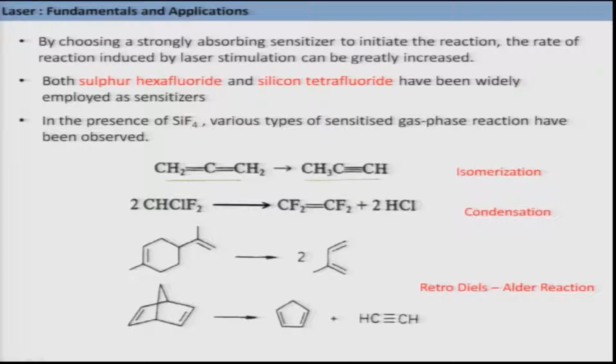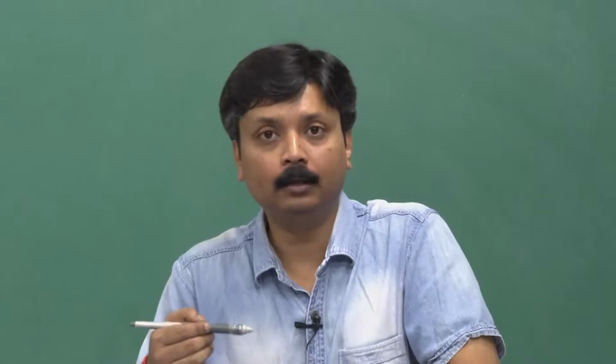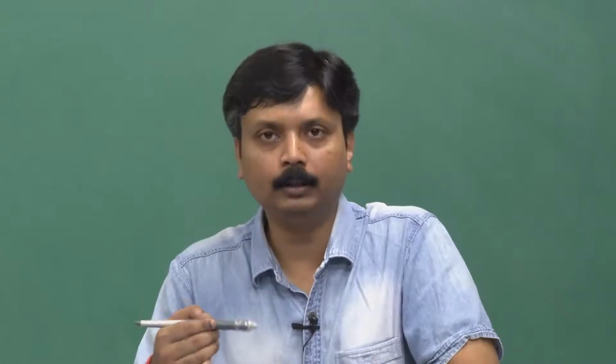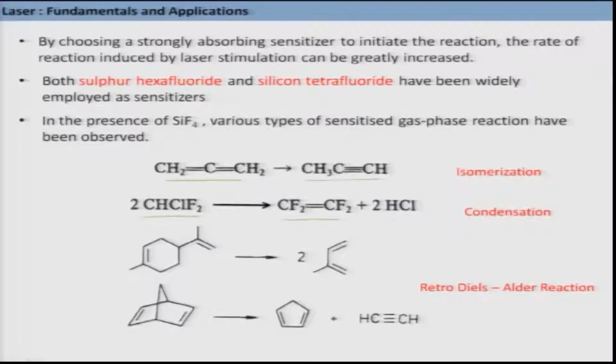And then if you take this chlorofluoromethane and you excite the sensitizer SiF4 by a suitable laser light, then you get this reaction where two molecules of HCl come out from this reaction, and this is known as a condensation reaction in chemistry.